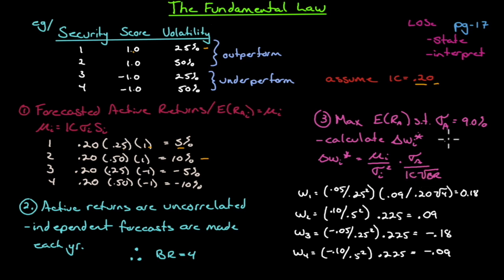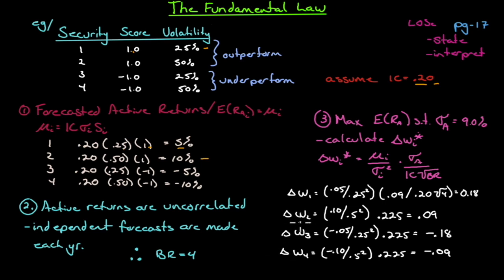Our information coefficient, we're told, is 0.2. BR, we're told, is 4. We figured that out. The square root of that is 2, and this equals 0.18. That is our weight on security 1. And to be more precise, that is our active weight on security 1.